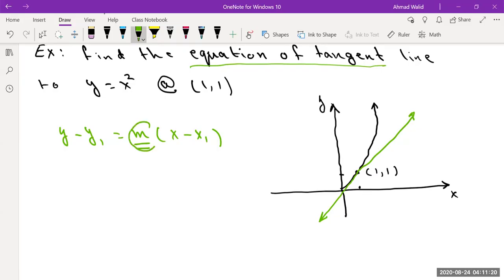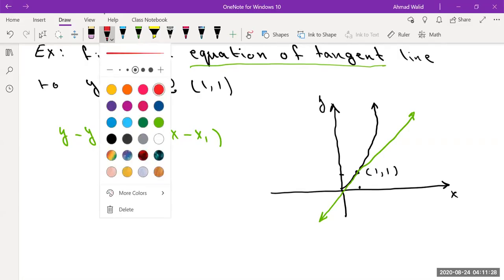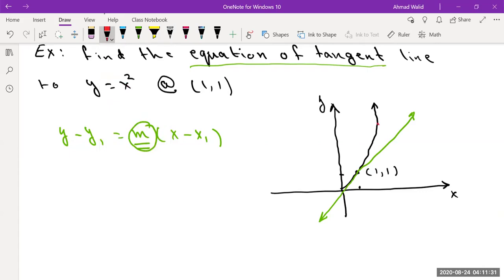But the problem is to first find the slope, right? To find the slope, I will choose another point on my curve. For example, here. Let's name this point P and this point Q. If I ask you what the coordinates of this point are, in general it has an x value, and how much is your y?